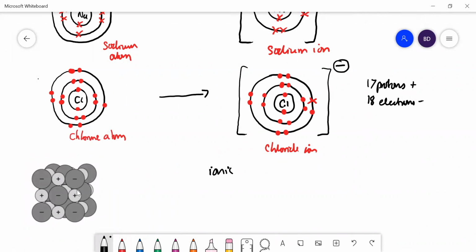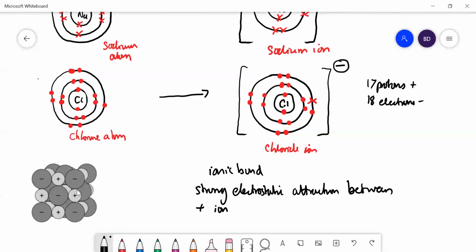What holds it together is the strong electrostatic attraction between positive ions and the negative ions.